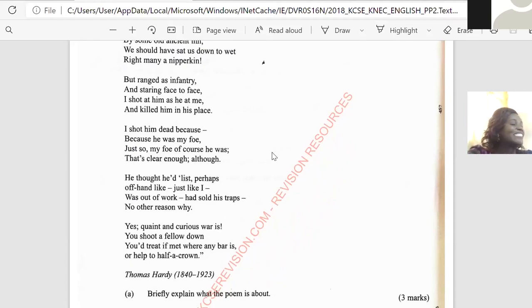He thought he'd list. You see that apostrophe there? Then the word list. That word is supposed to be enlist. But the poet decides to write list. And this is to bring out the class the persona belongs to, or also to bring out the register that the persona is using. And another reason for clipping is to create rhythm.